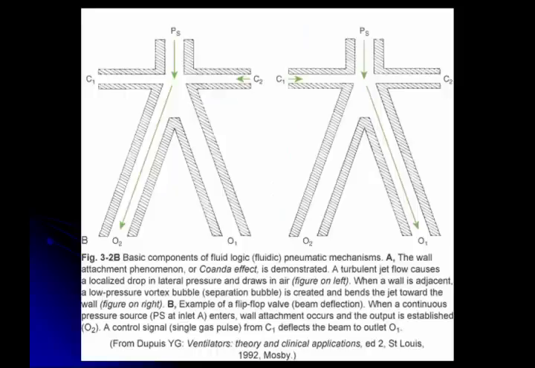Okay? And in this example, what you end up having is so long as there is a gas flow coming through this direction, it'll push the gas flow through outlet number 2. So if I set it up so I have a continuous flow moving through C2, it'll continually move from my pressure source out outlet 2. Well, that may be exhalation.